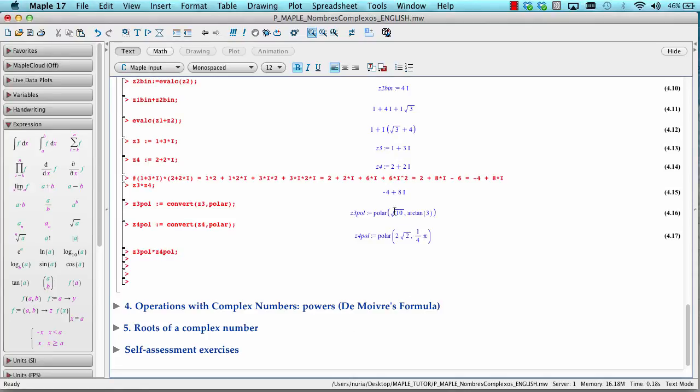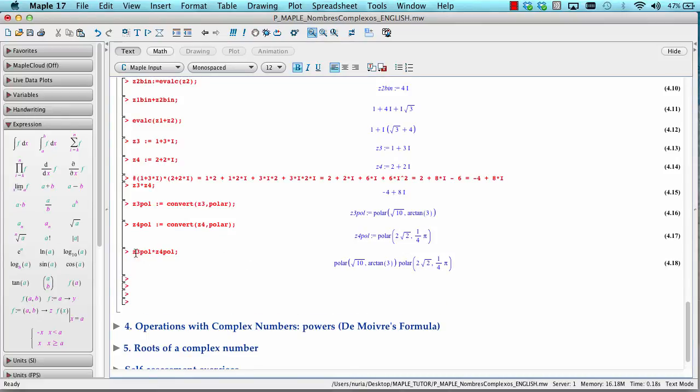This would get that the modulus would be 2 square root of 2 times the square root of 10, and the argument is the addition: arctangent of 3 plus pi divided by 4. In order to do the product, we have to simplify it. Okay, so you can see that the arguments are added and the magnitudes are multiplied.